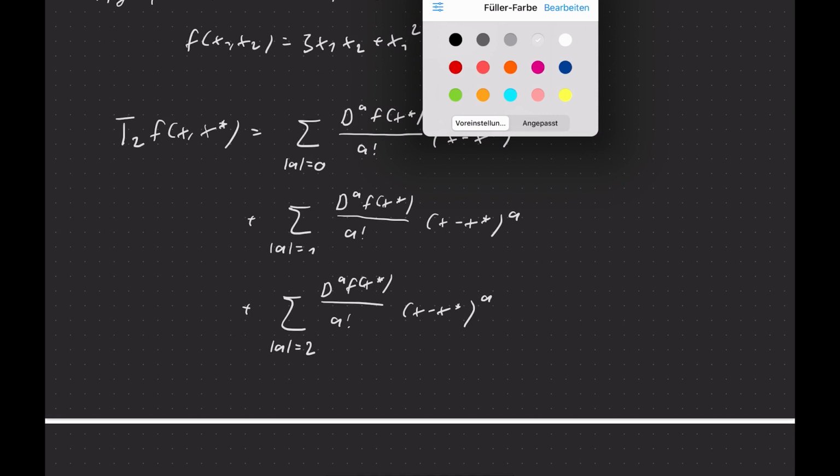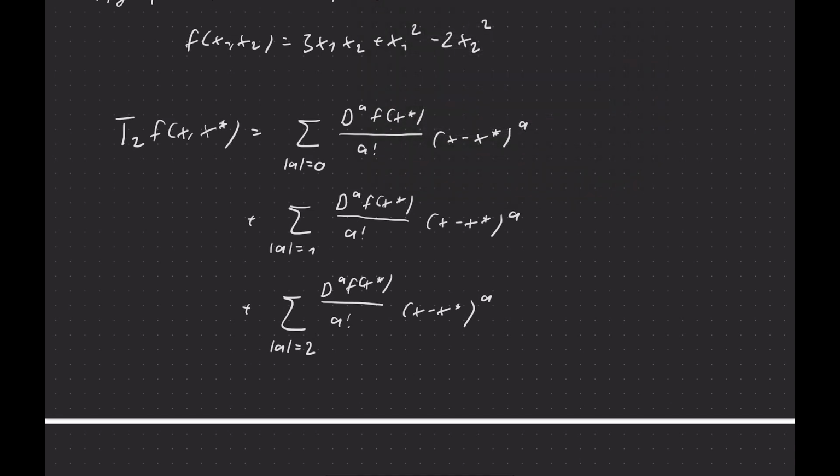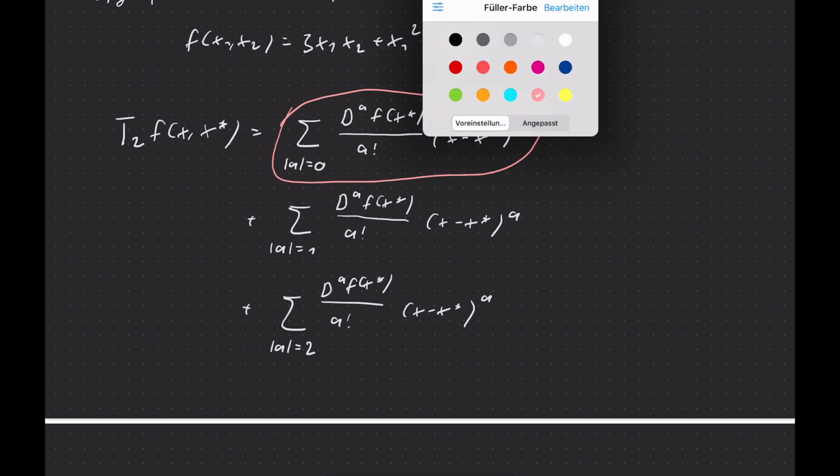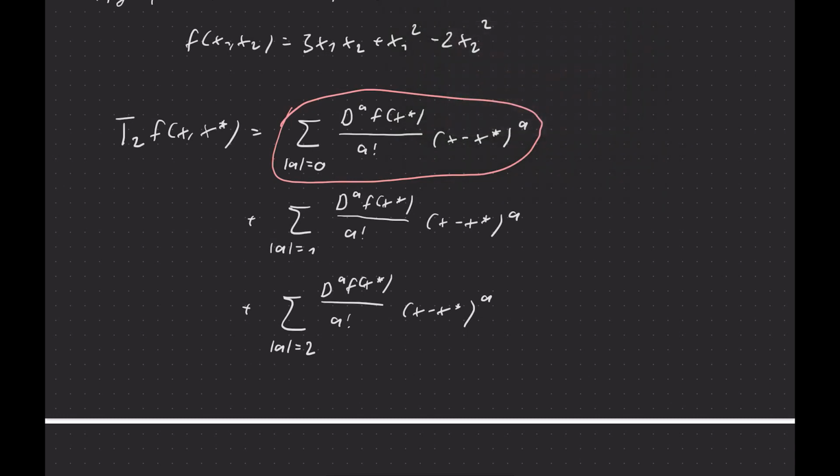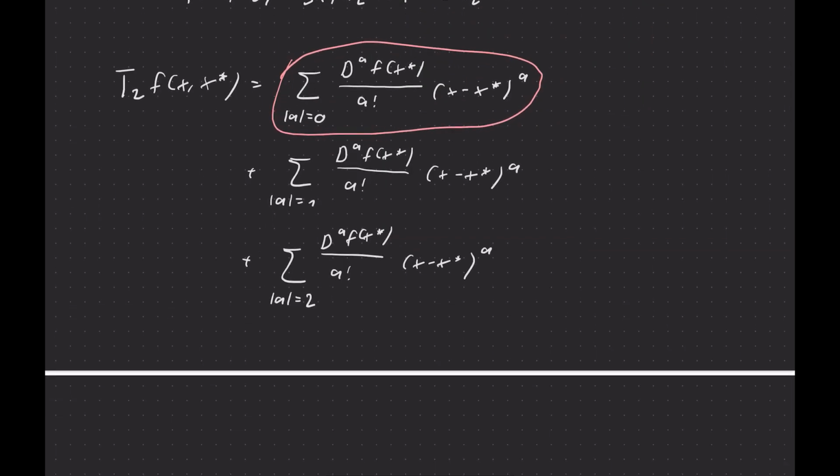Okay, so let's start with this expression here first. So you can hopefully see, we investigated the case where the absolute value of a equals 0 already. We found that the only possible case here is that a equals the vector (0, 0).